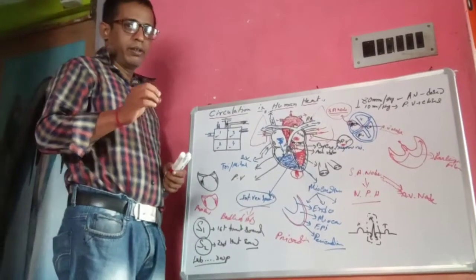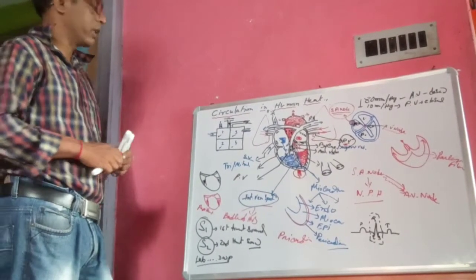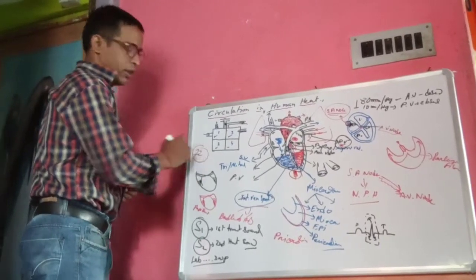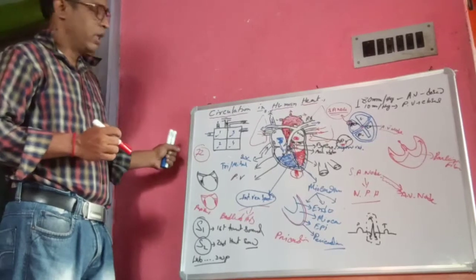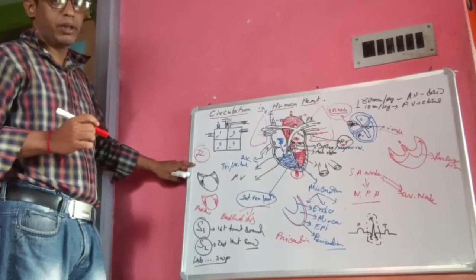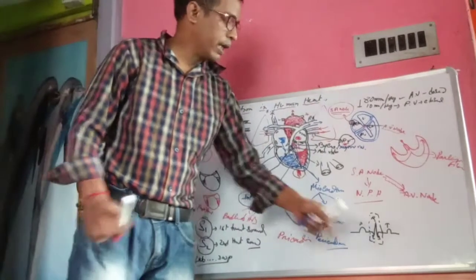As a convention, we can say a normal heartbeat is 72 beats per minute. Clear? If a person has a pulse rate of 72 beats per minute, the normal ECG looks like this.